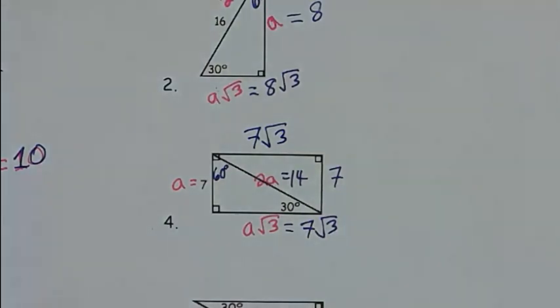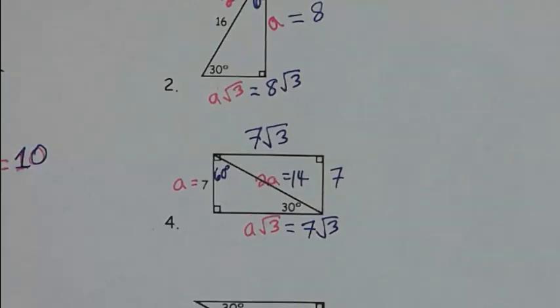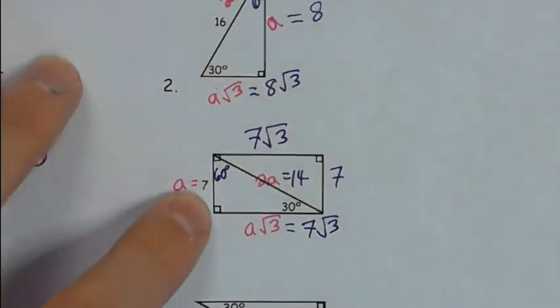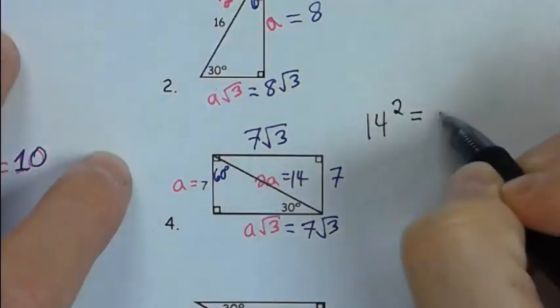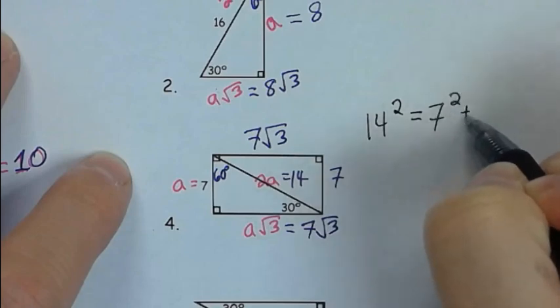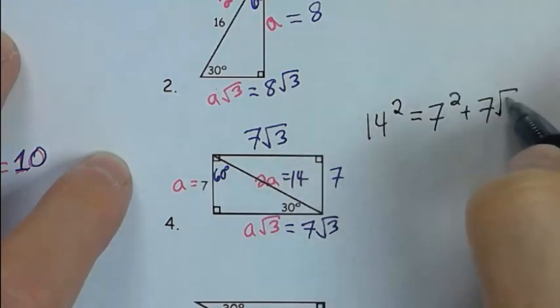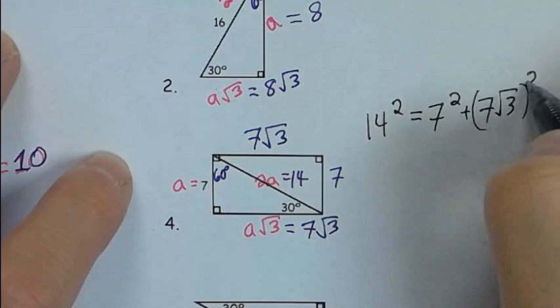Before we go and try number 5 and 6, we're just going to work a little bit differently, to prove to ourselves that all of these patterns are still working out how we want them to. If I take, say, number 3, I need to know whether 10 root 3 squared plus 10 squared equals 20 squared. Or we'll use 4 since we're looking at it. So I would need to show that 14 squared is equal to 7 squared plus 7 root 3 in parentheses squared.